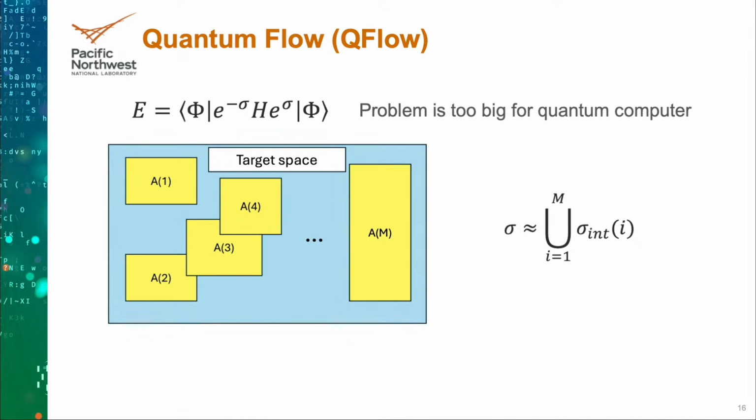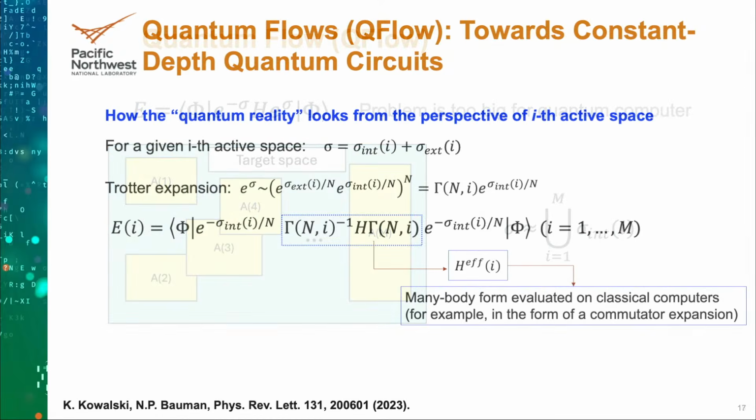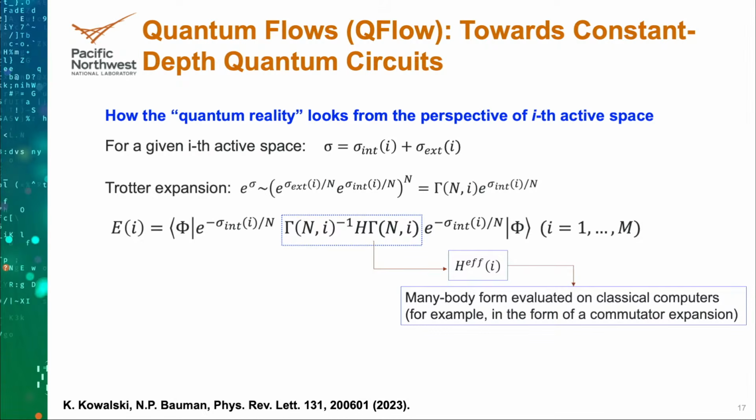In general, we assume that those active spaces can overlap. And the trick is in looking at the problem from the perspective of the given active space, right? So we decompose or partition the sigma operator into an internal part, which belongs to the active space, and the whole rest, and use the Trotter expansion in such a way that we leave one exponent of the internal operator to the right.